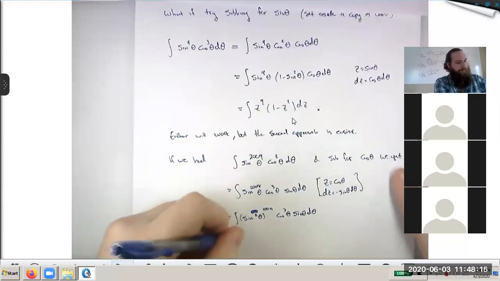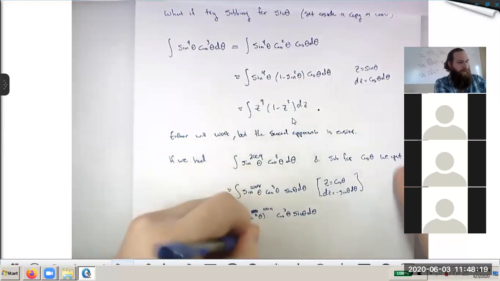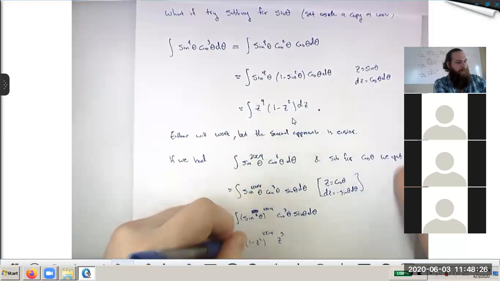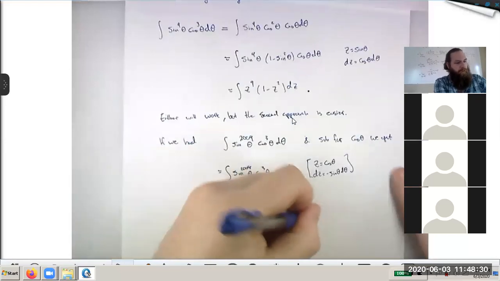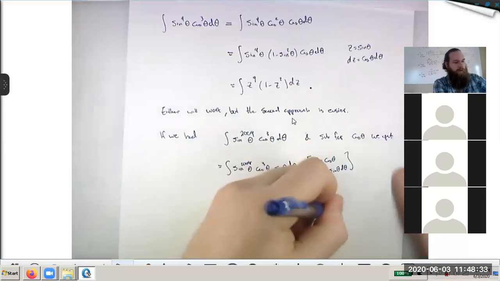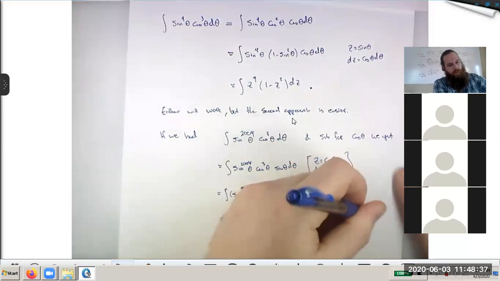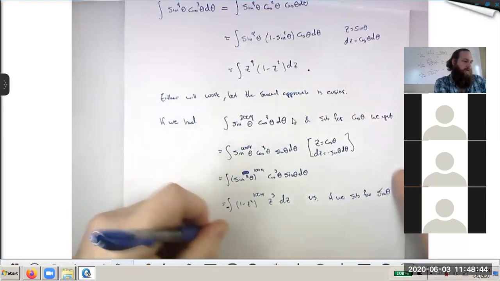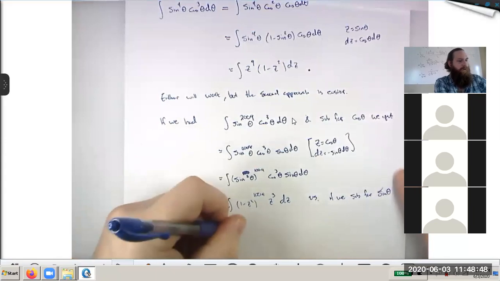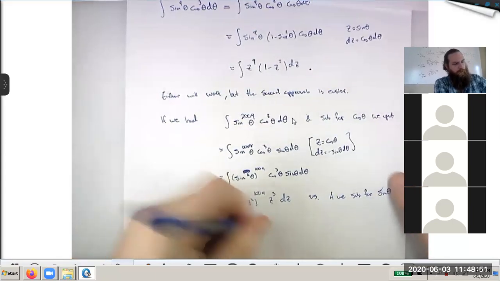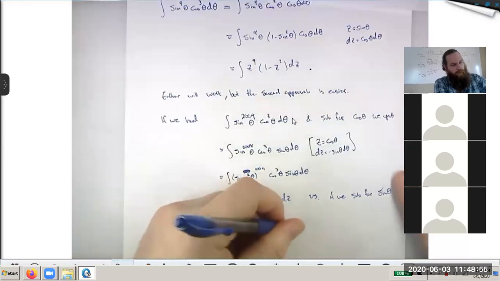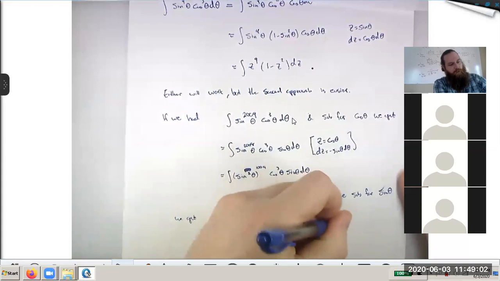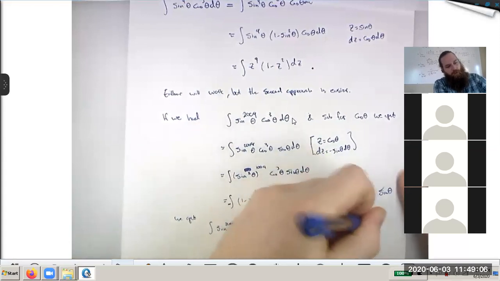So we would end up with, this is 1 minus cos squared, so this would be 1 minus z squared raised to the 1004 times z cubed times negative dz, versus if we sub for sine, we would get sine 2009 theta cos cubed, which I write as cos squared theta times cos theta, which would lead to sine 2009 theta times 1 minus sine squared theta cos theta d theta.